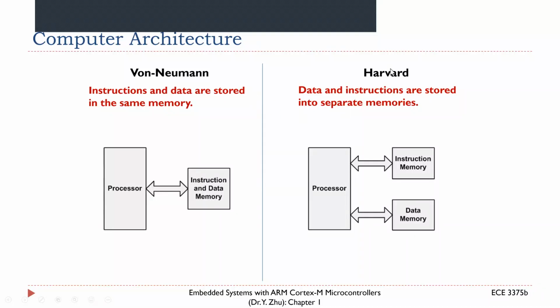On the other hand, we have another kind called Harvard architecture, which has two separate memories, one for instruction and one for data.